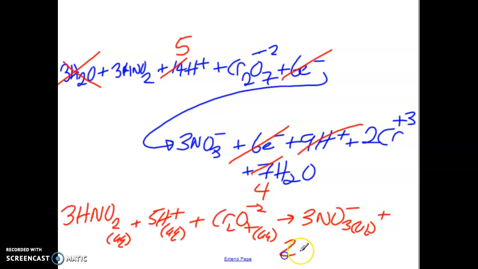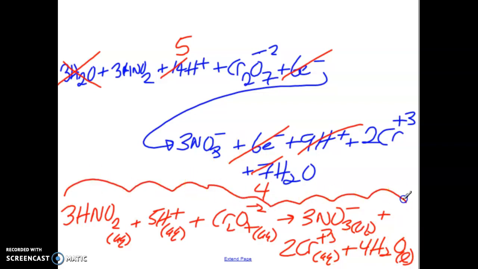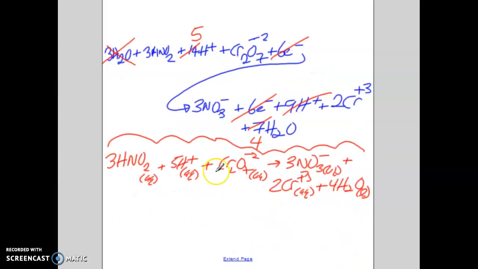We have 2 chromiums plus 4 waters. Okay, so that's our overall balanced equation using the half reaction method, right?